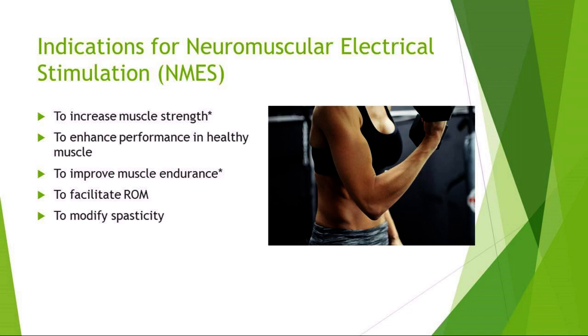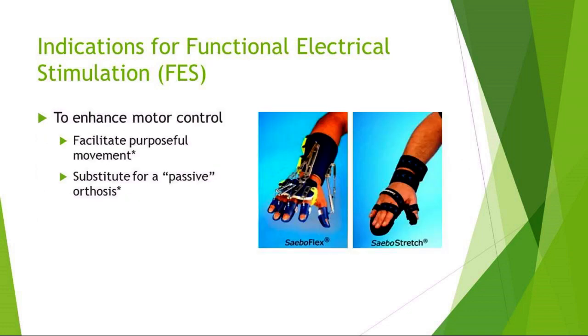To improve muscle endurance, to facilitate range of motion, to modify spasticity, and to enhance motor control, so either to facilitate a purposeful movement or as a substitute for a passive orthosis. And we'll talk specifically about those as well.